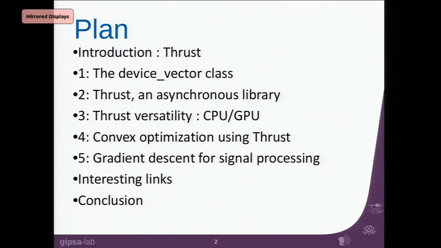Then we'll see that Thrust, being high level, allows to use a different backend, GPU backend with CUDA, but also CPU backend for some operations. Then the remaining part will be about some practical examples of use, and you may be able to find the code on GitHub.